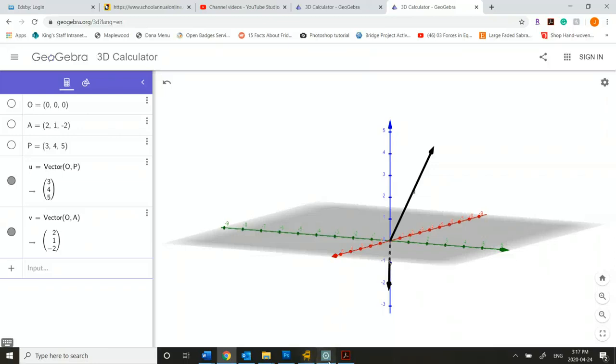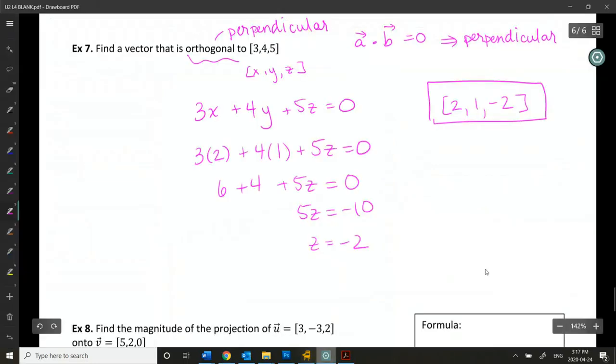So there's tons of different answers here. I strategically chose my x and y so that I would get a whole value for z. I was thinking if I make x 2 and y 1, then those are going to give me 10, and 10 is divisible by 5. So sometimes it won't be such a nice answer unless you choose those strategically.